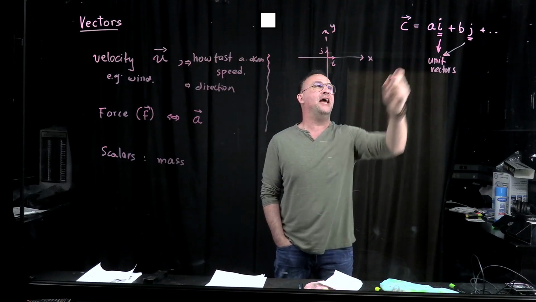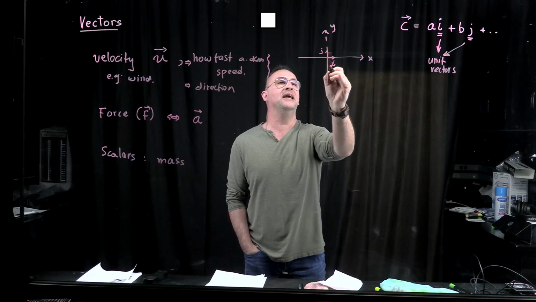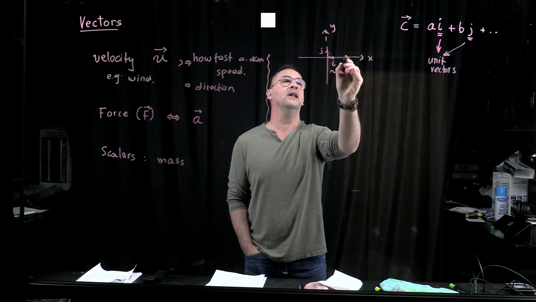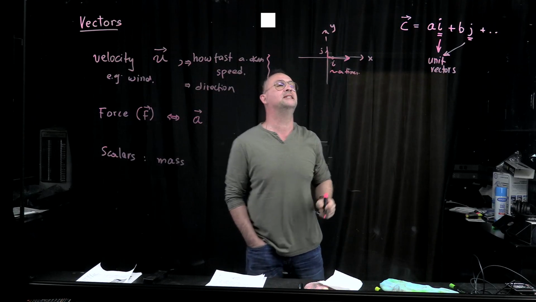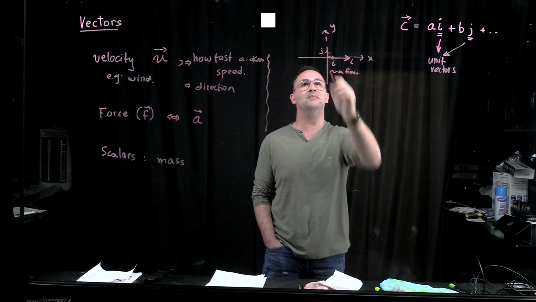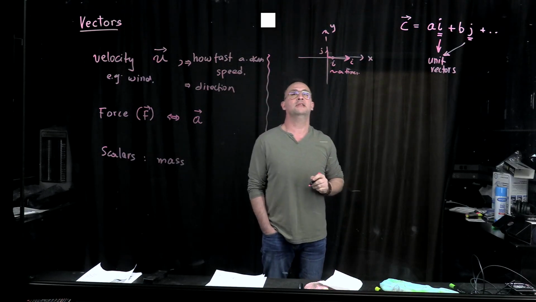Then my vector a times i is going to be a times i, and the same, of course, b times the j vector.